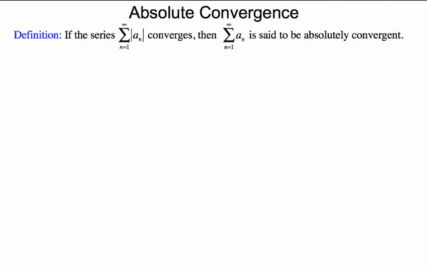So far, absolute convergence has just been a word, just a definition. But now let me show you why it's actually important. And let me go back to the series that you just saw. 1 minus a half plus a third minus a fourth plus a fifth minus a sixth.